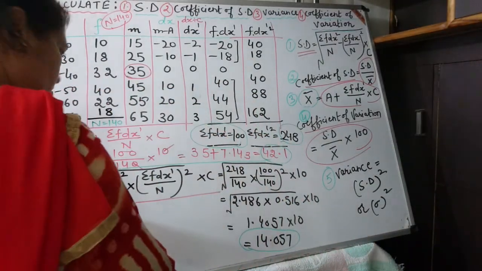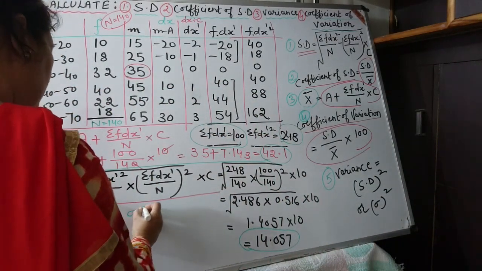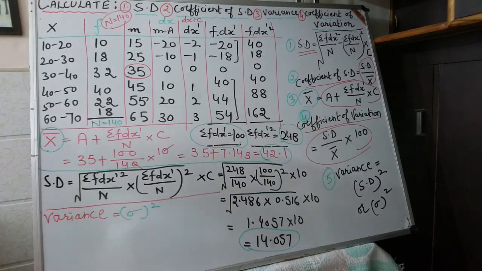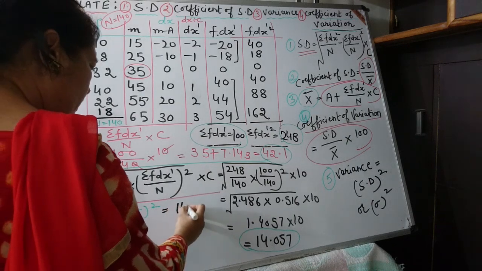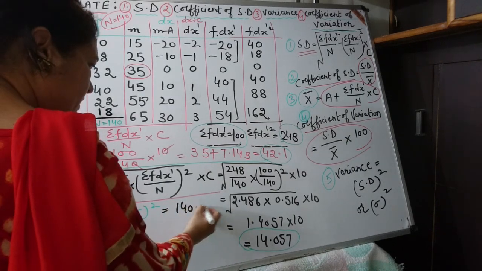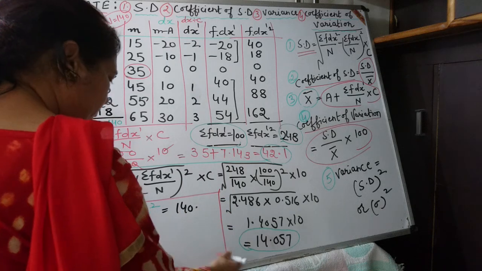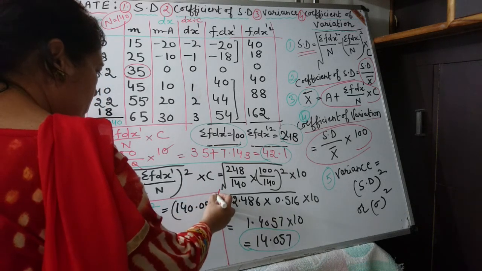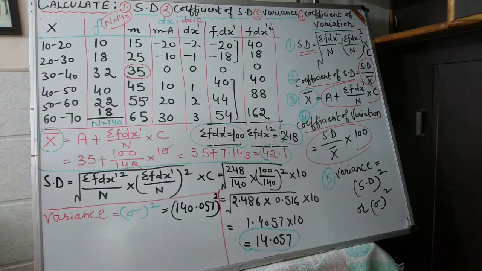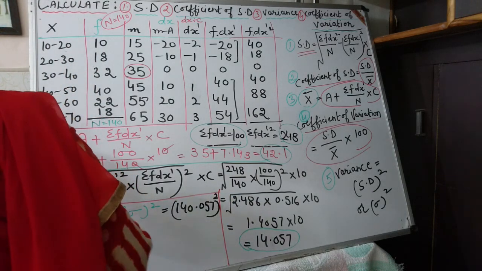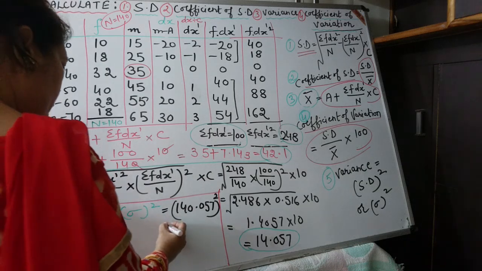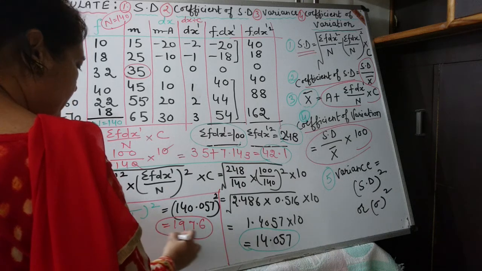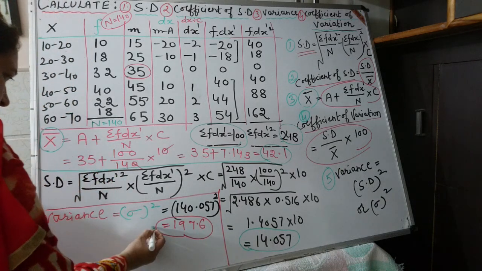Variance is equal to standard deviation square. So we have calculated standard deviation, which is 14.057, whole square, and it will be approximately 197.6. 197.6 will be the answer.